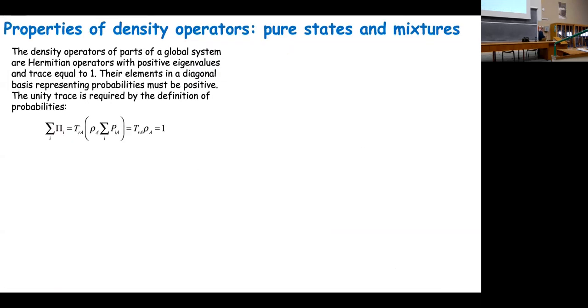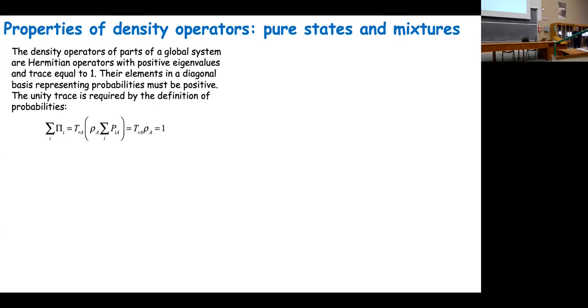So what is rho A? Rho A is an operator acting on A. It's an operator which is Hermitian, because everything is Hermitian here. So we know that the eigenvalues of a Hermitian operator are real numbers. And more than that, here they are positive real numbers. Why? Because these numbers are probabilities.